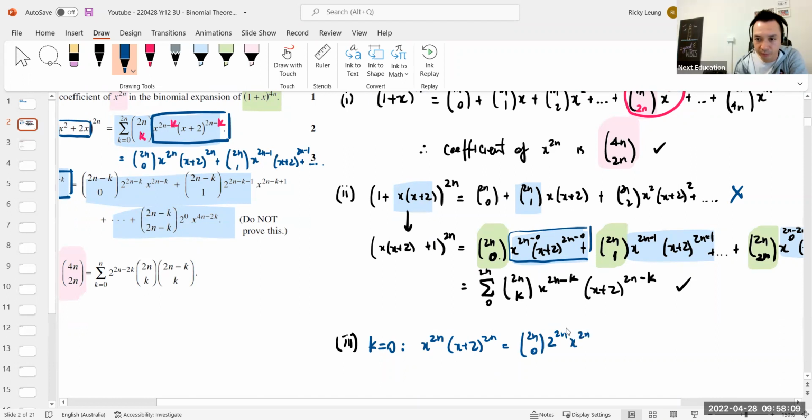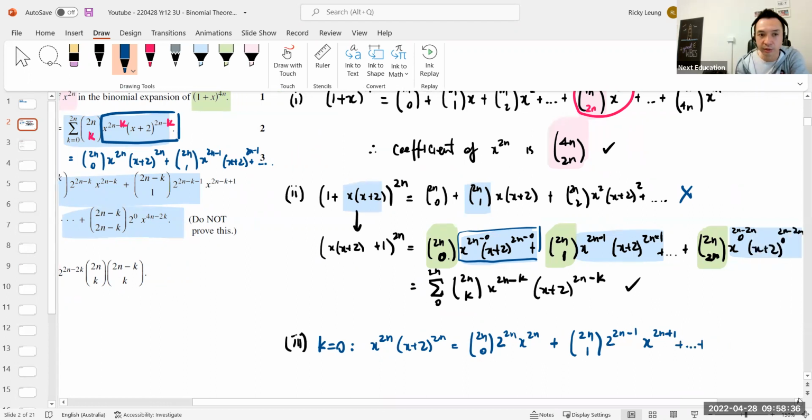Plus 2n choose 1, 2 to the power of 2n minus 1 and plus 1, so x to the power of 2n plus 1. Be careful there with the plus, that guy there is a plus. Plus dot dot dot plus.